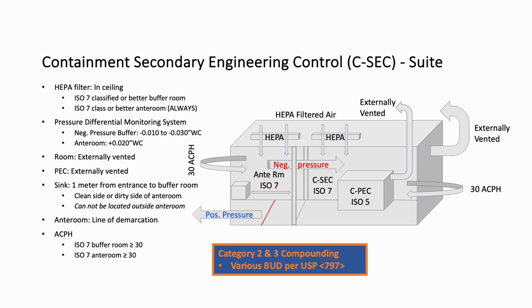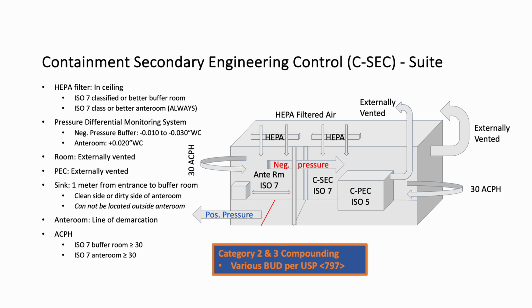This is an example of a Containment Secondary Engineering Control, or CSEC, in a compounding room suite. HEPA-filtered air will be supplying clean air to the ISO 7 negative pressure buffer room. This negative pressure buffer room will be connected to a positive pressure anteroom.